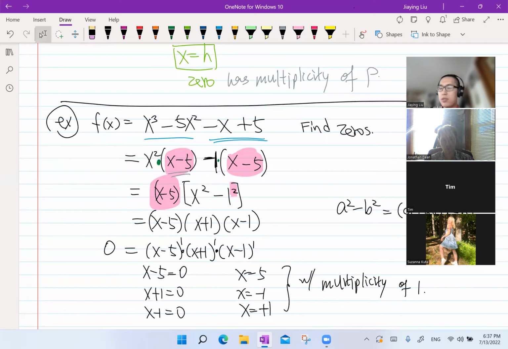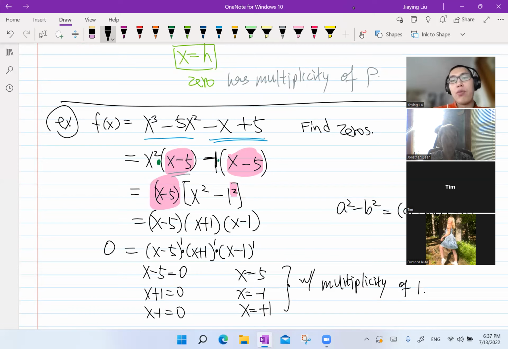All right, any questions about this example? I wanted to go over this because it's really just factoring. I might have missed a piece. When did -1 get squared? That's a good point. I didn't have that -1 squared, I just had a -1.